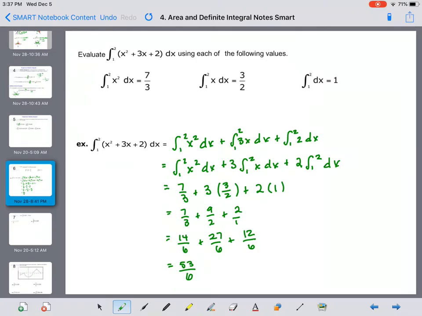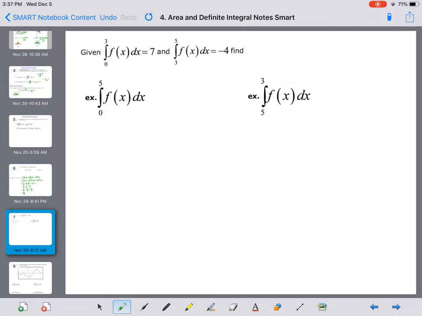Same thing goes with this one. If we know pieces, we can use those rules above to break it down. So I know the integral from 0 to 3 of f of x is 7 from here. I know from 3 to 5 of f of x dx is negative 4. So I could take this one and break it down from 0 to 3 plus from 3 to 5.